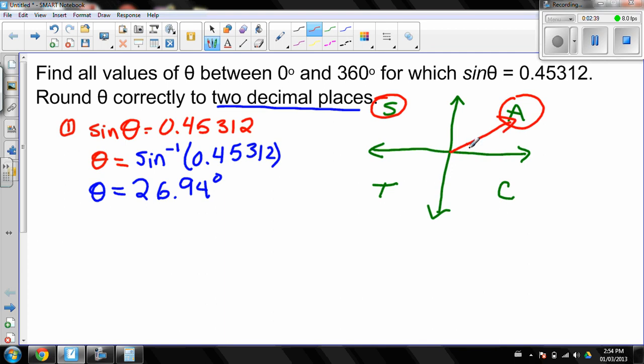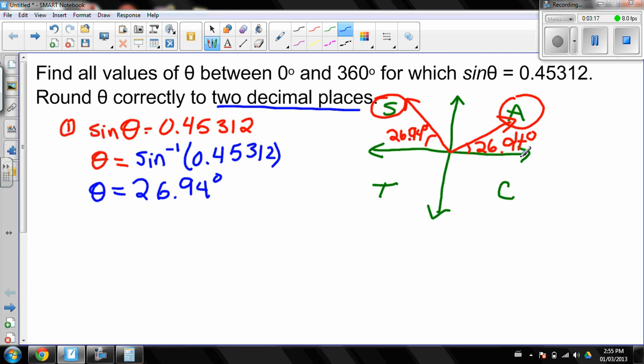I have one scenario in my first quadrant where my value is 26.94 degrees. But also because sine is positive here, I have an angle showing up in my second quadrant. And my 26.94 is my reference angle here. So I'm going to wind up with 2 answers here, one for this red line, one for this red line.